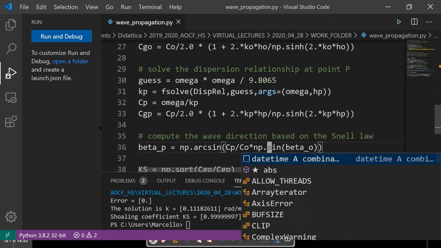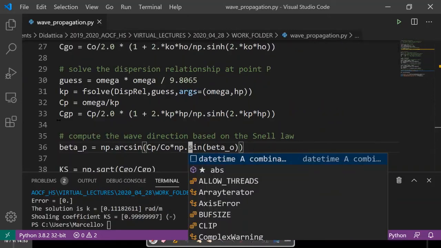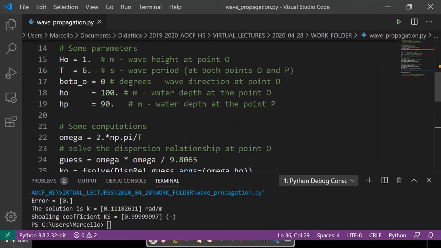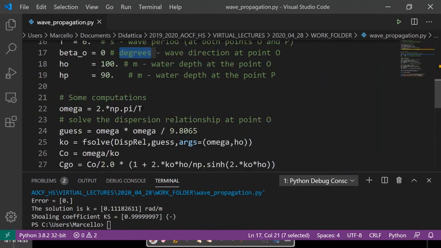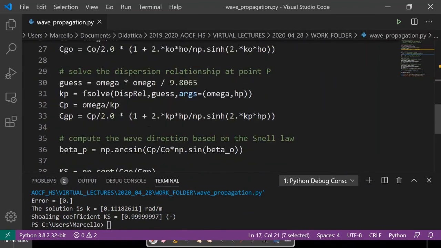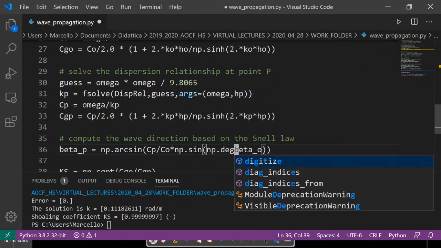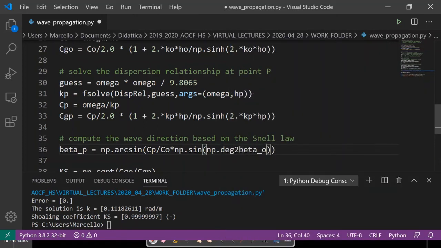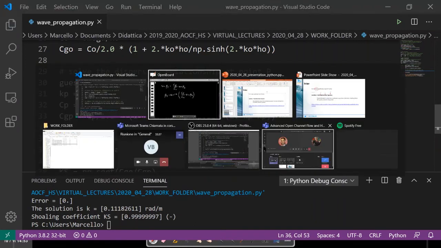Pay attention that beta 0 is expressed in degrees, but of course the sine should be applied to an angle expressed in radians. So we need to transform the degrees in radians, and we have this function, degree to radians.